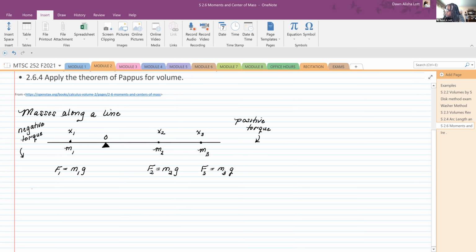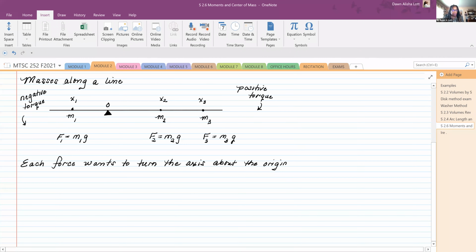Okay, so each force, all right, wants to turn the axis about the origin. Okay, so the torque is its turning effect.